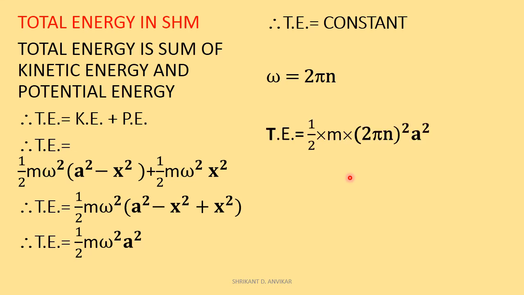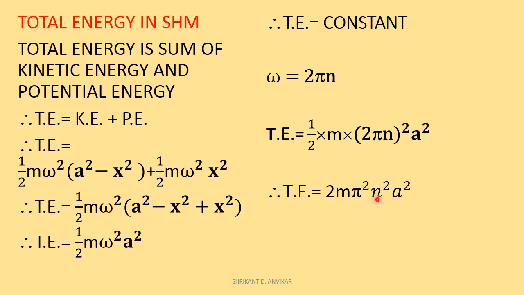Substituting the value we get 1 by 2 m into twice pi n square into a square. On simplification we get total energy of the particle is equal to 2 m pi square n square a square.